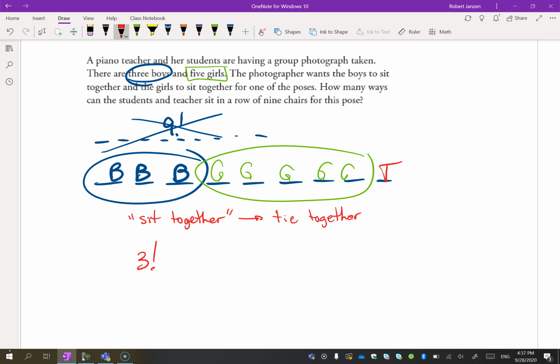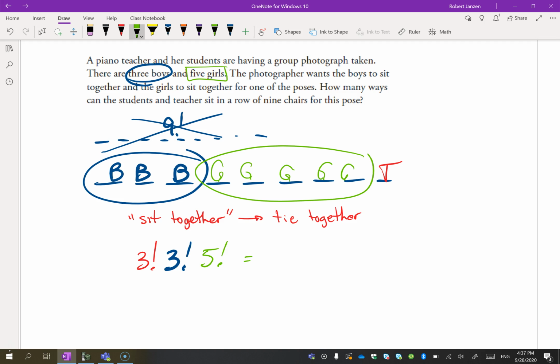Okay, but the boys can switch places because these are not identical objects. 3 boys are not 3 identical twins, or triplets. They're different. So I have to rearrange the boys. Same with the girls. The girls are 5 different girls, so I have to rearrange the 5 girls.